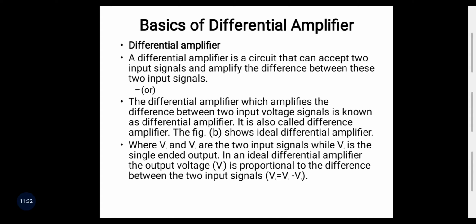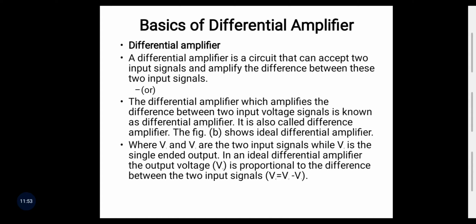Any signal which is common to both inputs will have no effect on the output voltage. If you take any noise, it is common to both terminals, that is V1 and V2, first terminal and second terminal. The noise is a common signal.